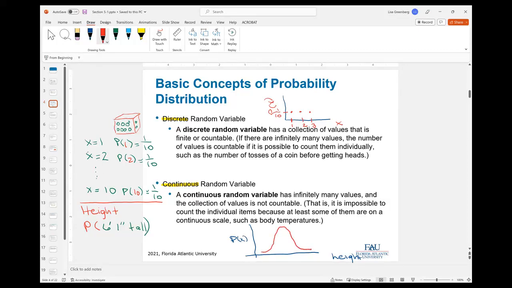Okay, so now let's say the mean value of the height of a man is 5 feet, 10 inches tall. Okay, that's the mean.